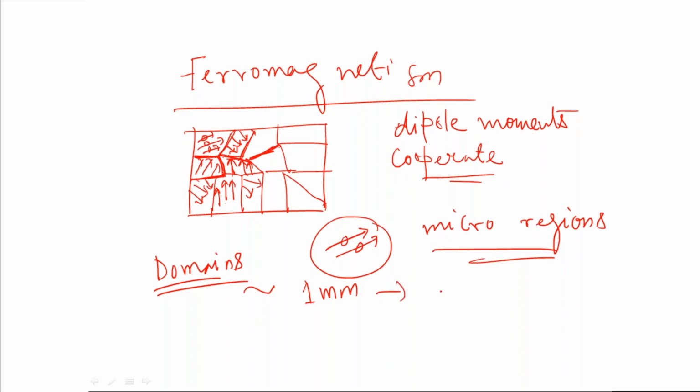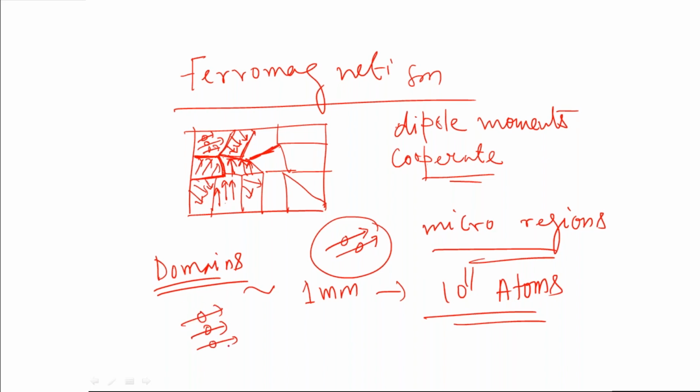And what will be the typical size of the domains? Of the order of 1 millimeter. But how many atoms will be there in a single domain? Of the order of 10 to the power 10, almost 10 to the power 11 atoms in each domain.